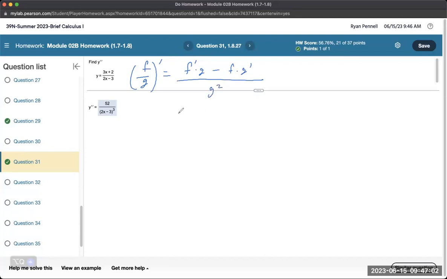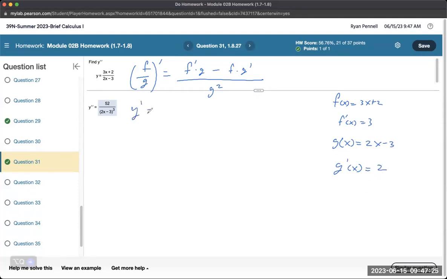Okay, so let's find it. If we have f of x equals 3x plus 2, f prime of x equals 3, g of x, I'm going to let 2x minus 3, g prime of x equals 2. All right, so at least it's not too bad.